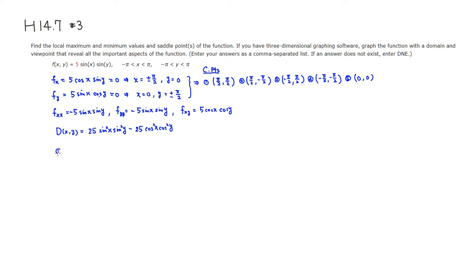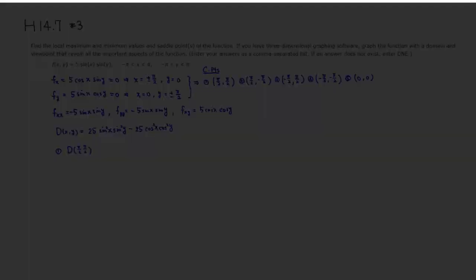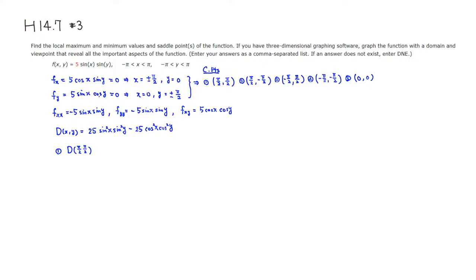All right, so let's check all critical points. First one, let's find D at pi over 2 and pi over 2. Sine of pi over 2 would be 1, so this is going to be 25, and cosine of pi over 2 is 0, so that's just going to be 25. So this is going to be positive.